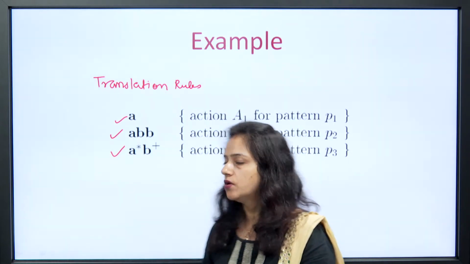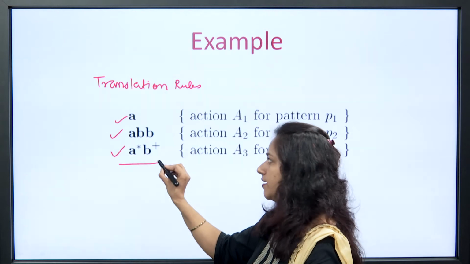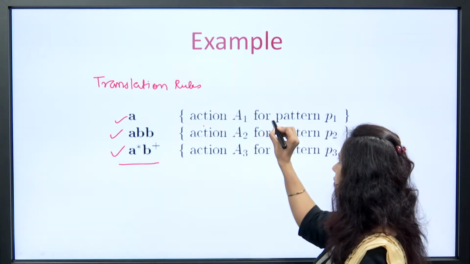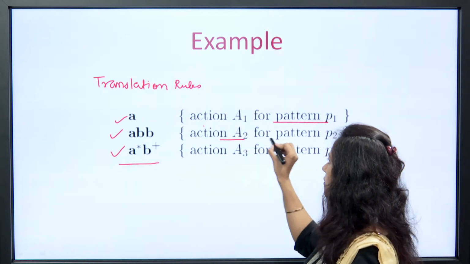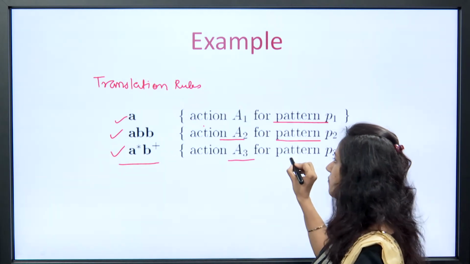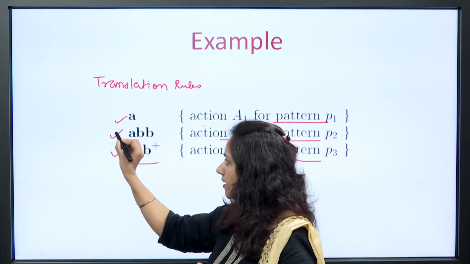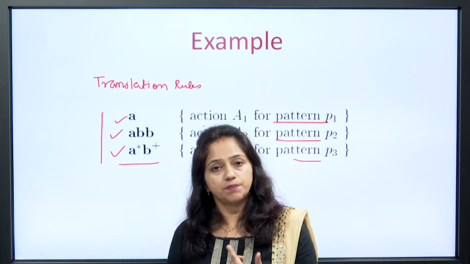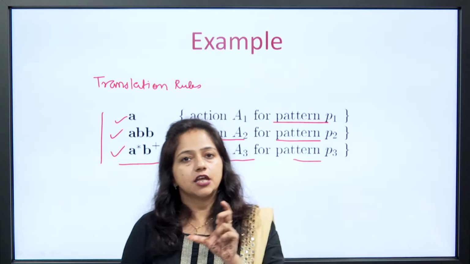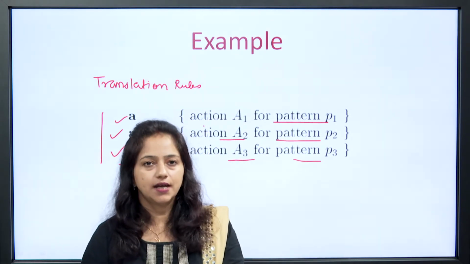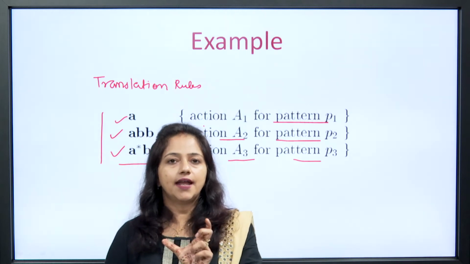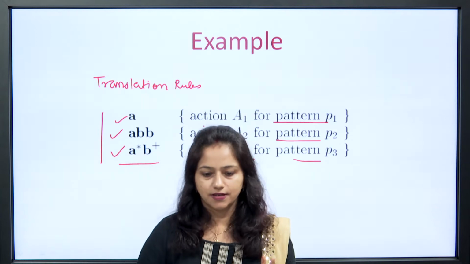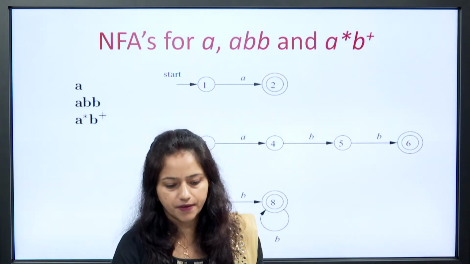In translation rules we write the regular expressions for patterns and the actions. So, here we have action A1 for pattern P1, action A2 for pattern P2, action A3 for pattern P3, and the order in which we write the regular expressions matters. I will explain later how the sequence matters. In this example it will be clear. Just one line here: the order in which we are writing the regular expressions matters. So, we have written 3 patterns.